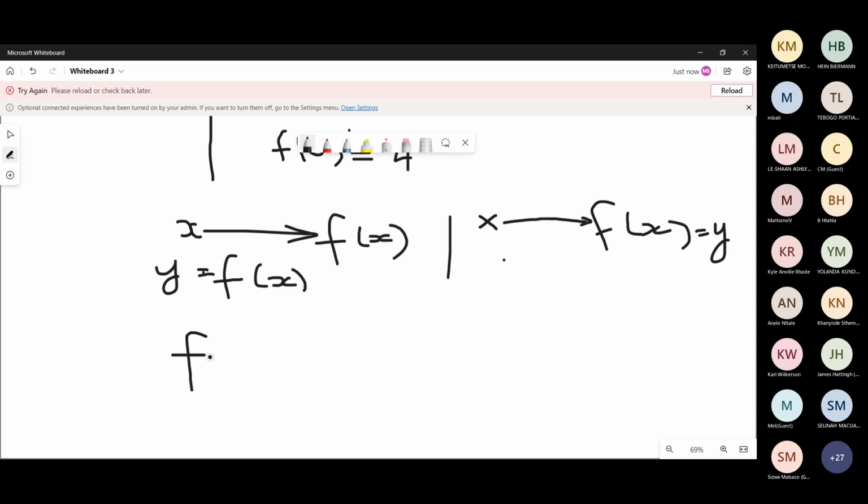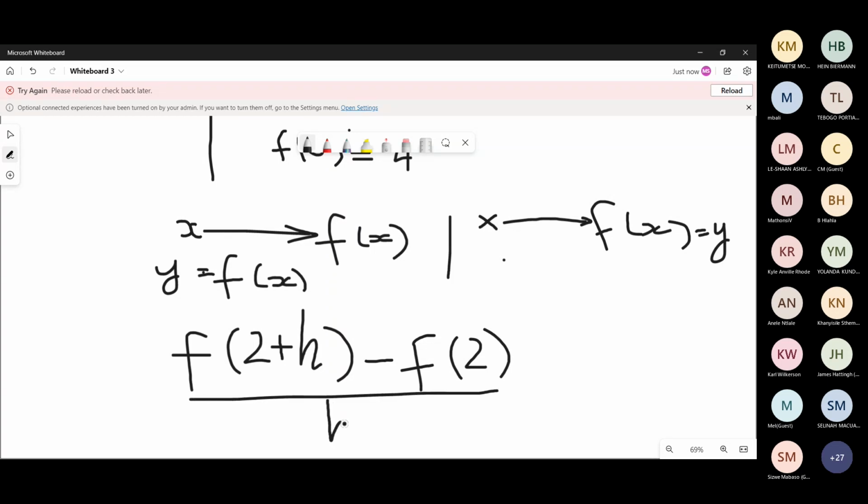Now let's take f of 2 plus a number we call h. Let's consider this difference, f of x plus h. Consider any number h, and let us see what the difference is equal to: f of 2 plus h minus f of 2, and we divide by h.